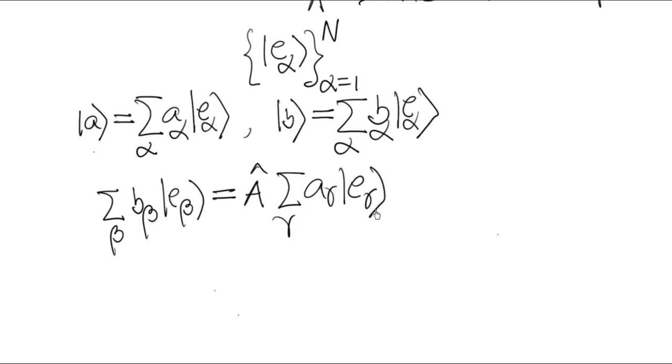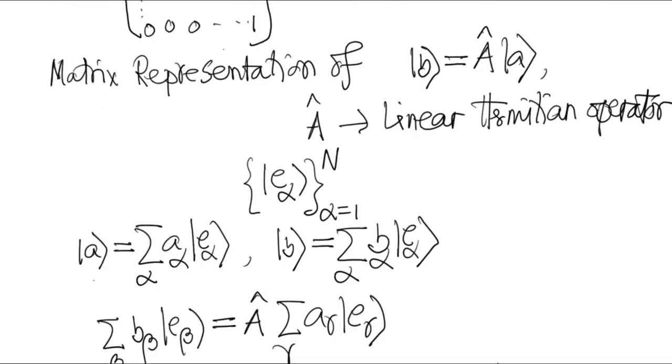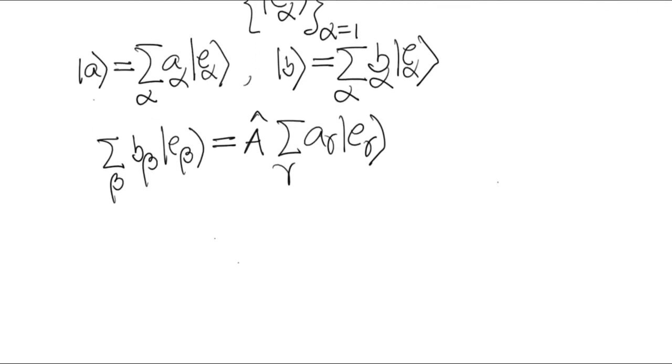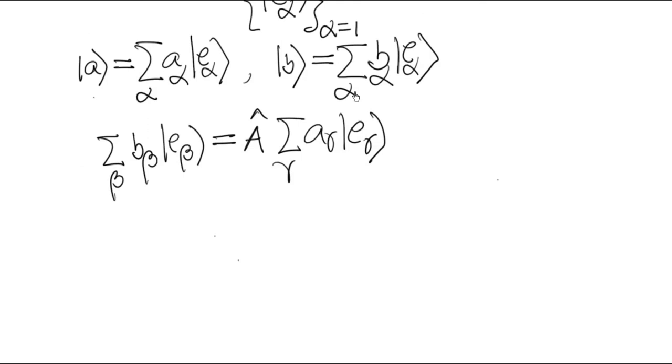Instead of summation over alpha, we have used summation over beta for ket B and summation over gamma in ket A. There is no difference between taking summation over alpha, beta, or gamma, because all these indices run from 1 to capital N.